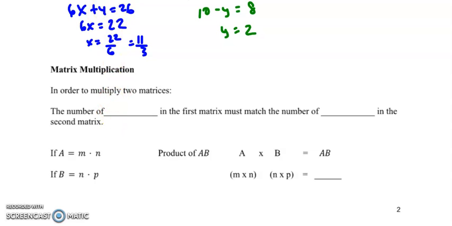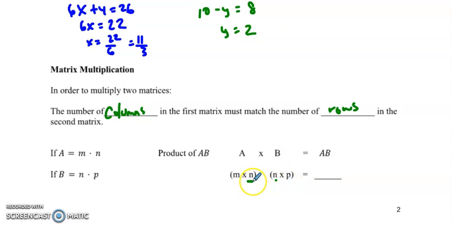So in order to multiply matrices, the number of columns in the first matrix must match the number of rows in the second matrix. So if A is m by n and B is n by p, the product of matrix AB is m by n times n by p.